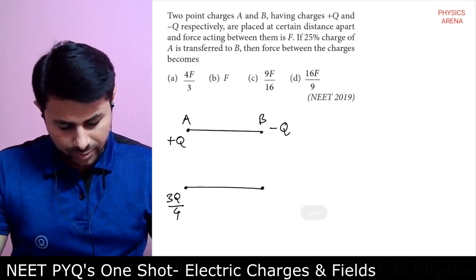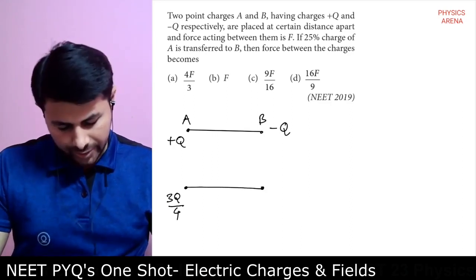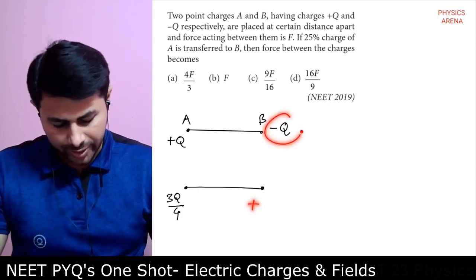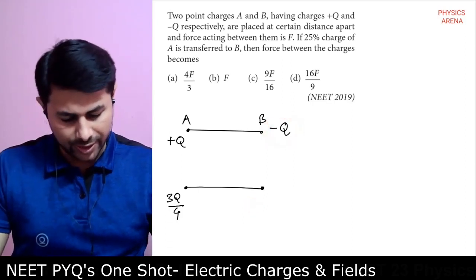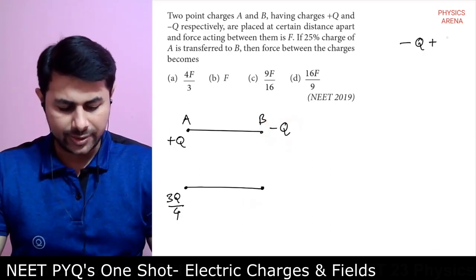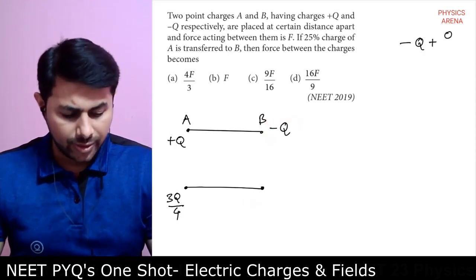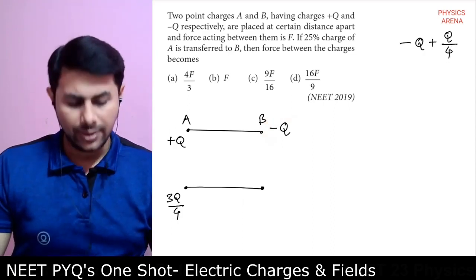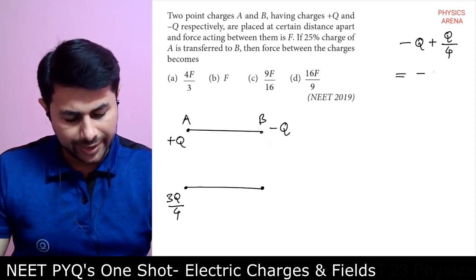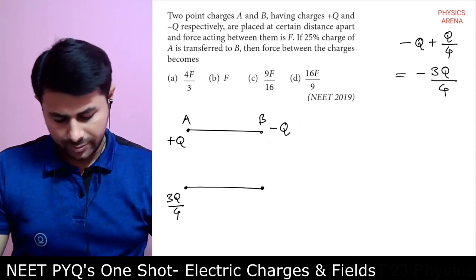Now you are transferring plus 3q by 4 here. So what will be the charge here? It will be minus q plus, not 3q by 4, plus q by 4, right? So it will be minus 3q by 4, the charge here.